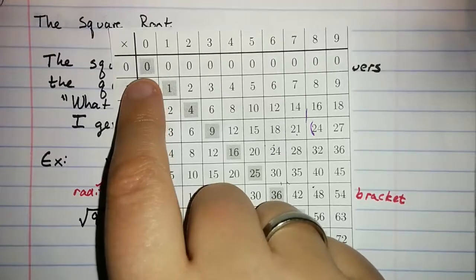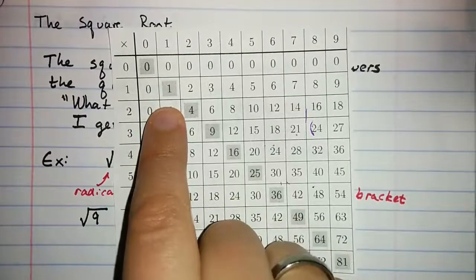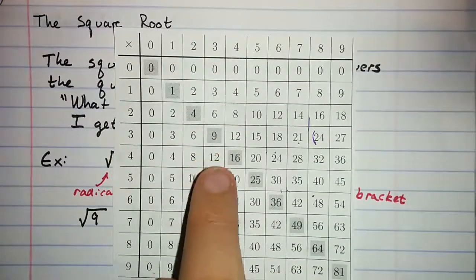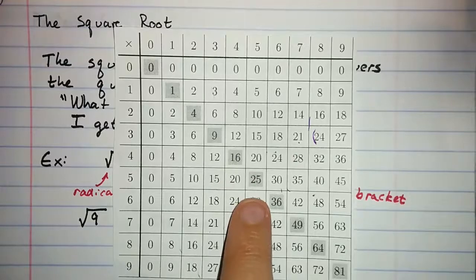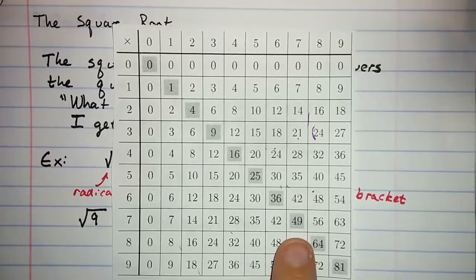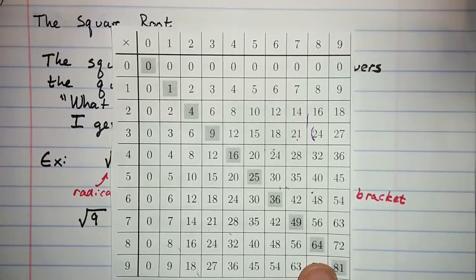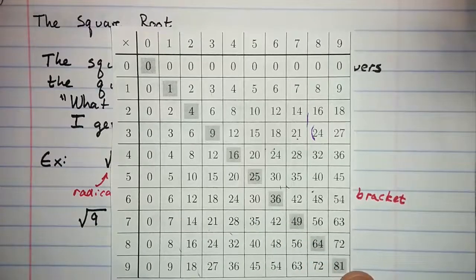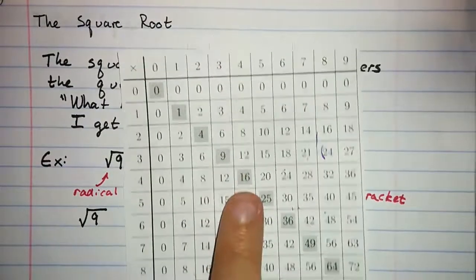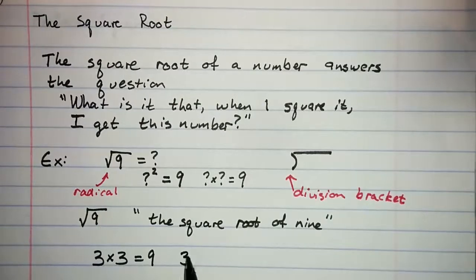These are the numbers 0 times 0, 1 times 1, 2 times 2, 3 times 3, 4 times 4, 5 times 5, 6 times 6, 7 times 7, 8 times 8, and 9 times 9. We see here that 3 times 3 is 9. That is, 3 squared is 9. And so the square root of 9 is 3.